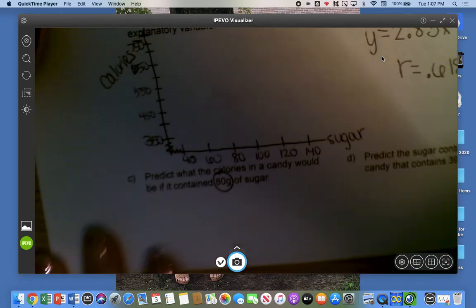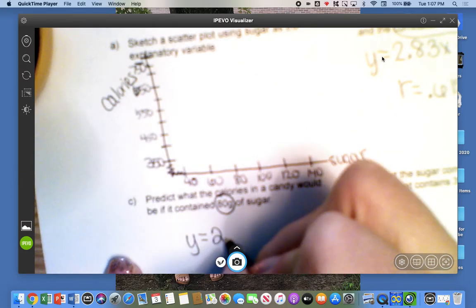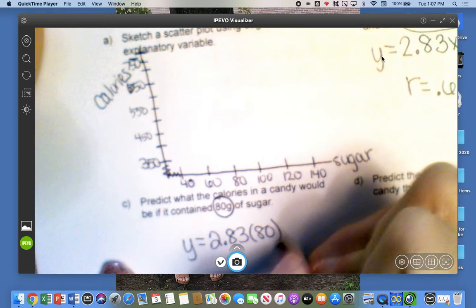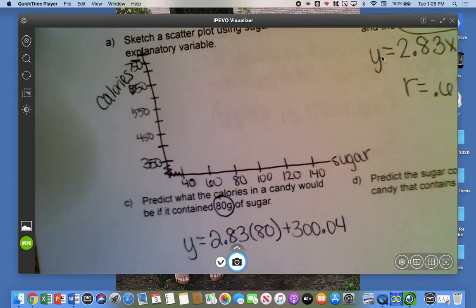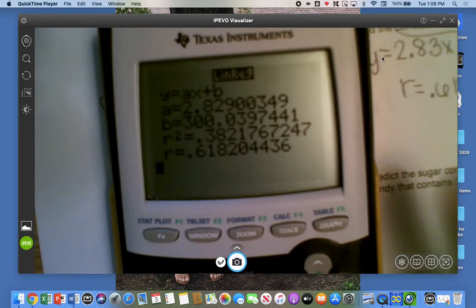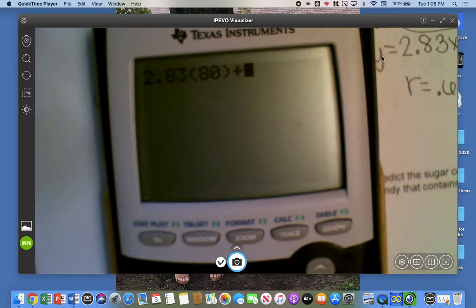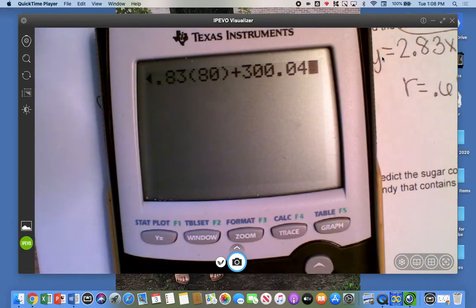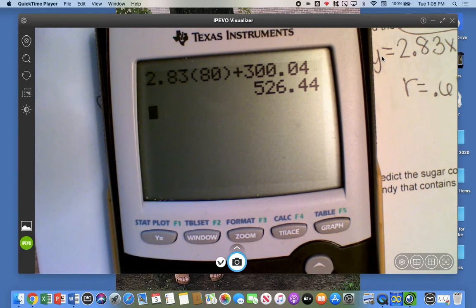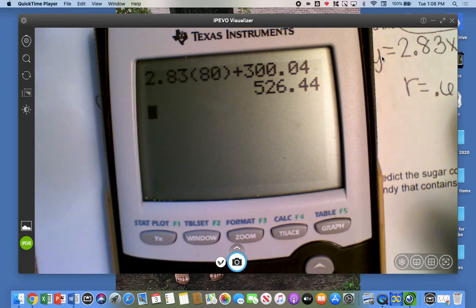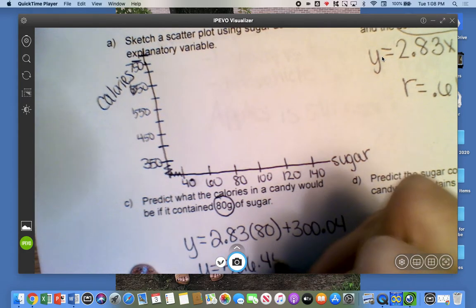So 80 is going in for X. So we have 2.83 times 80 plus 300.04. And then you guys can simply on your calculators plug that right in. Are you guys getting the same answer as me? 526.44. And what's my label there? All right, 526.44 calories.